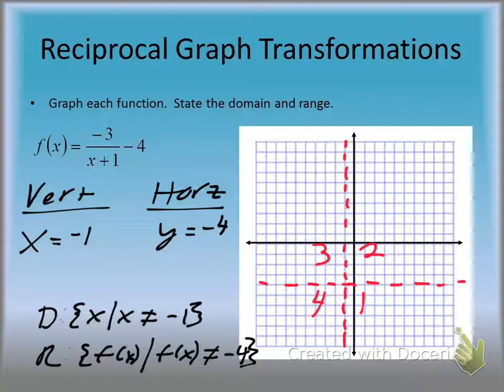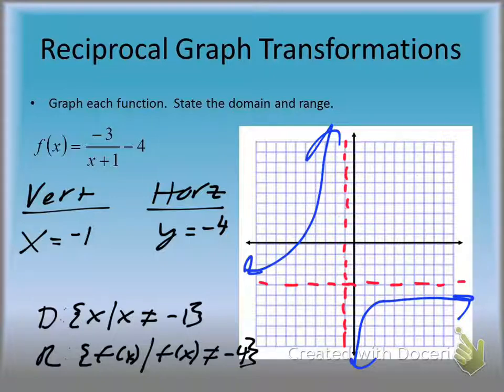Not the quadrants of a coordinate plane, but sectioned off by the asymptotes. So down here is 1, up here is 2, over here is 3, and down here is 4. What 2 sections does my graph show up in? Hopefully you put down sections 1 and 3, right here and right here.